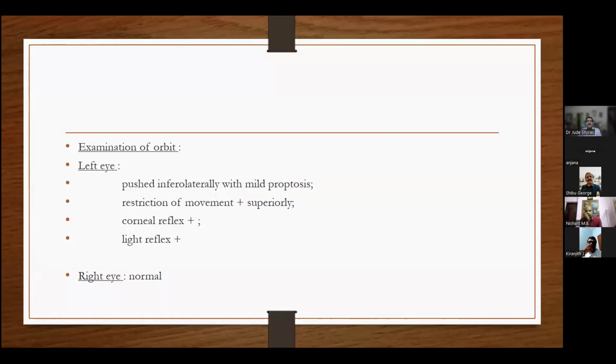Examination of the orbit. Understanding the orbit, you should specifically report sensations around the orbit. Infraorbital sensations were preserved.